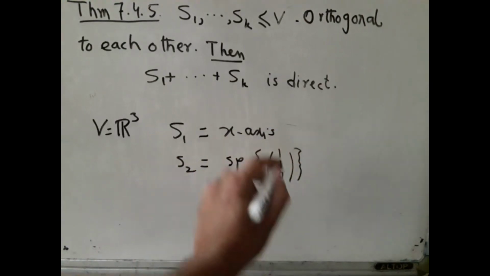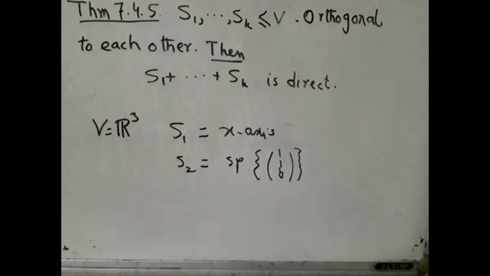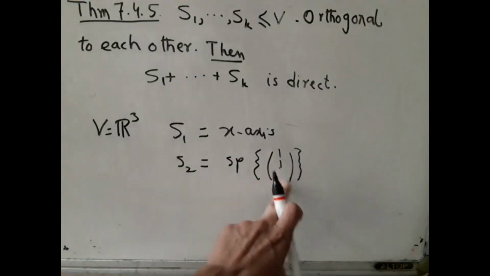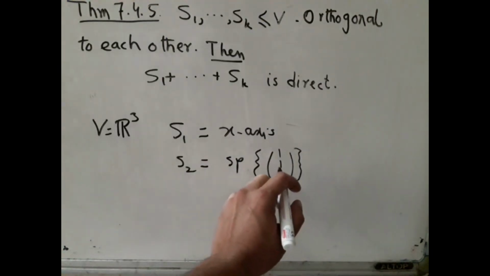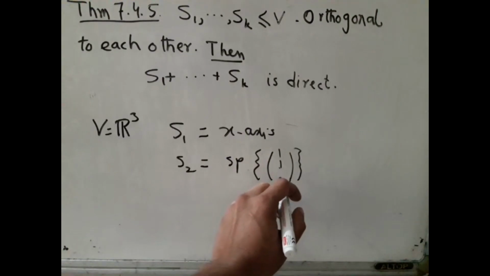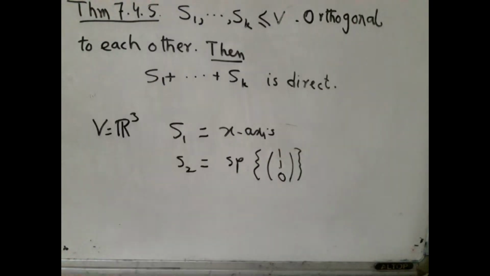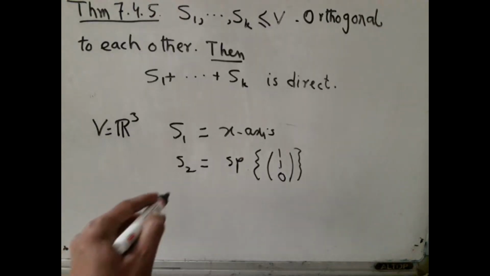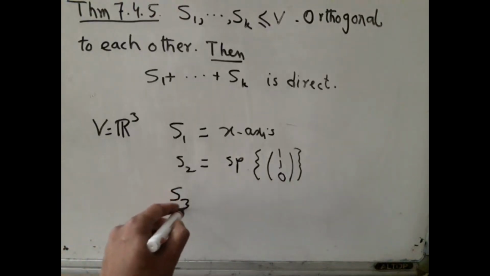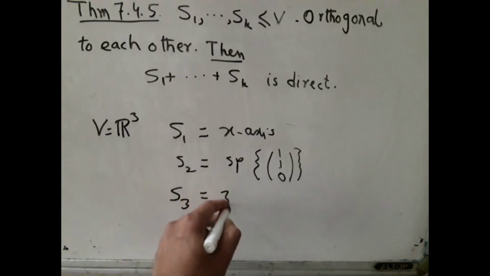So everything where x is equal to y and z equal to 0. And S3 I take to be the z-axis.